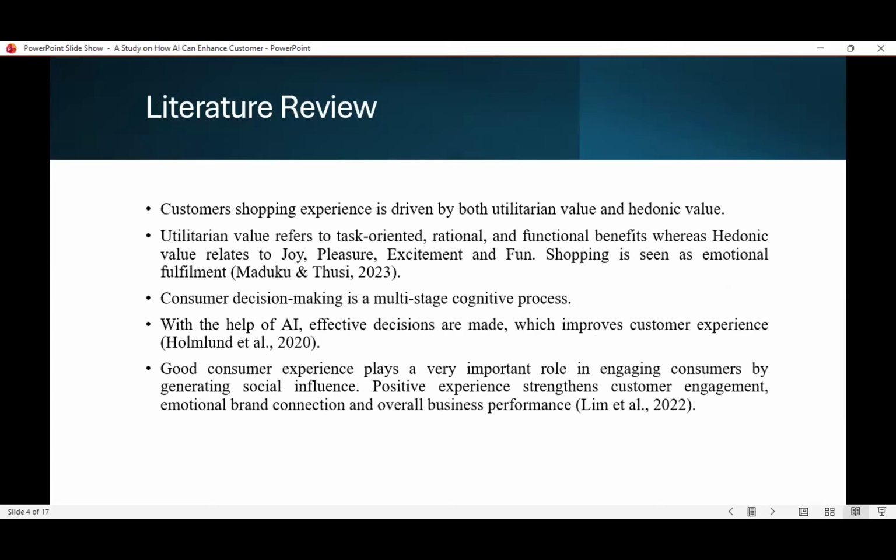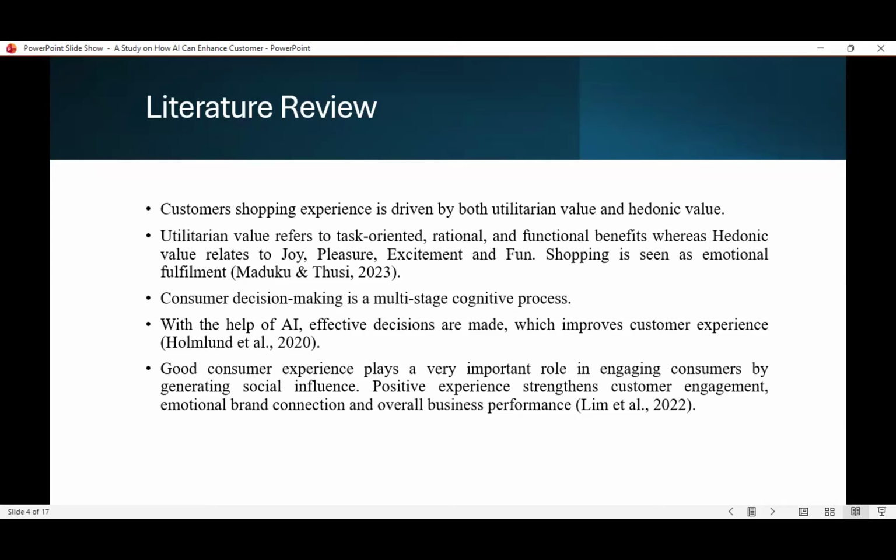Now, customer shopping experience is majorly driven by two values, which are utilitarian value and hedonic value. What are these? Whenever we shop, our main agenda is to fulfill our need, right? So as a customer, we also find out what is the utility, what is the functional benefit of this particular product.